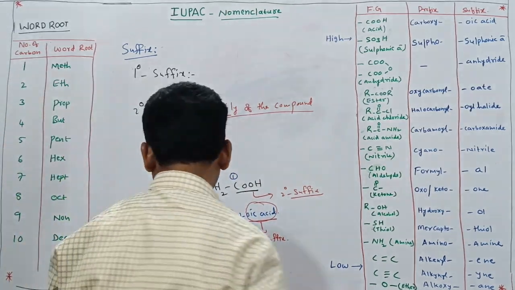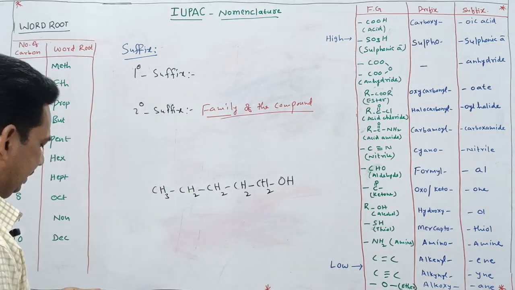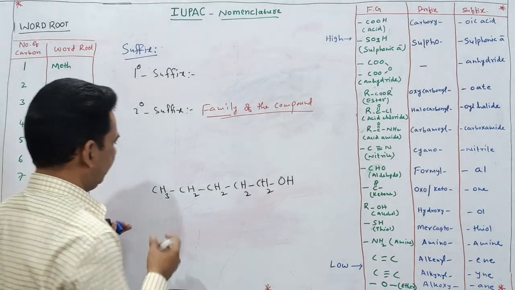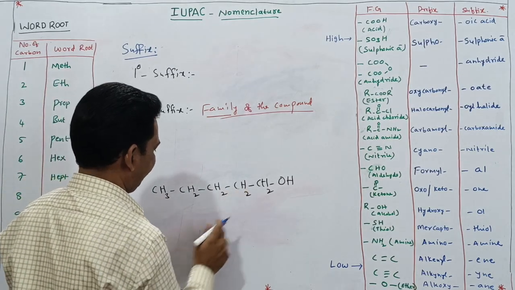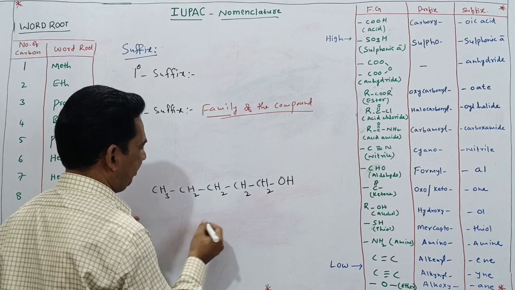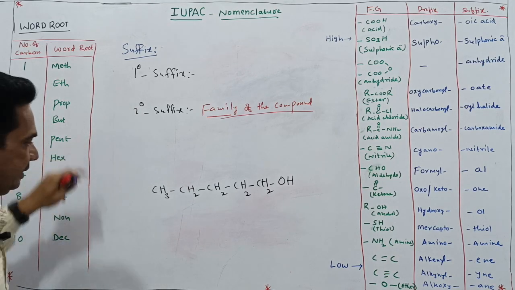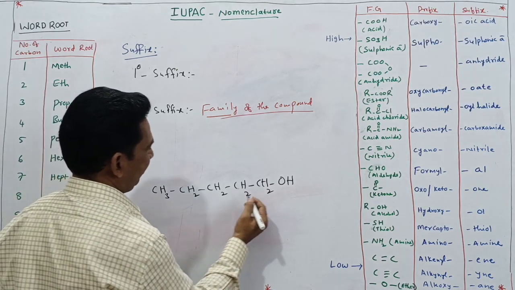I will write another example also. Here, see how many carbons there are. What is the word root for this one? 1 2 3 4 5 carbons. That's why we write pent. The word root is 5 carbons, so it is pent. Now I will write the name for this one.